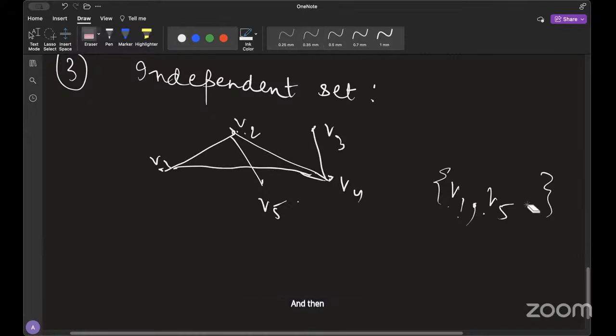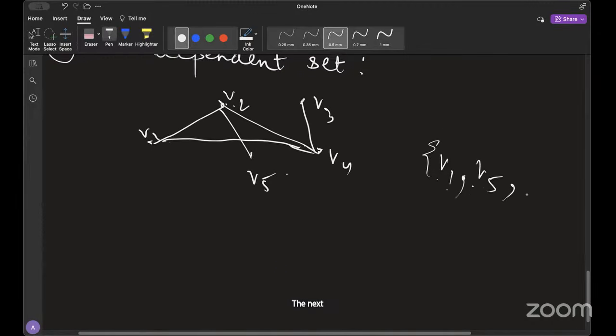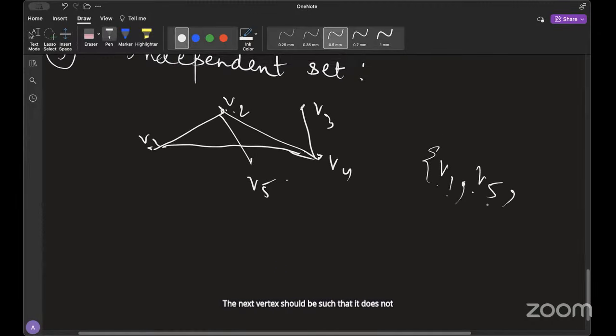And then the next vertex should be such that it does not have an edge with V5 and V1. So V4 has an edge with V1, we can't have that. V3 does not have an edge with V1 and V5, so you can have this here. So this is an independent set.